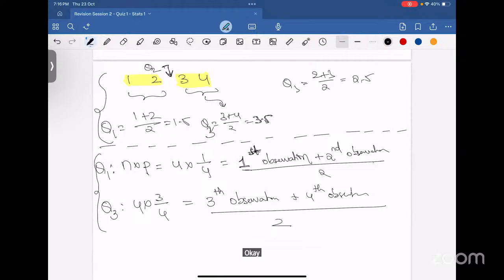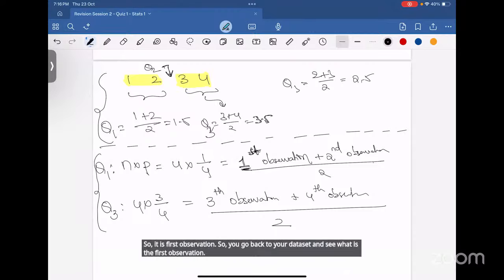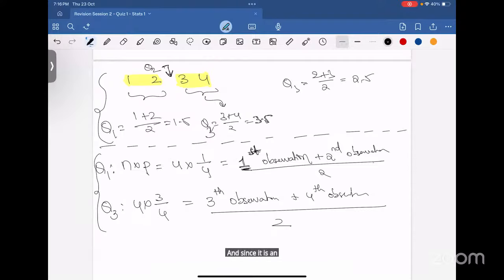So by formula, the value that you compute, NP, if it is an integer, then that integer is the observation, not the value. Here we got 1, so it is the first observation. You go back to your dataset and see what the first observation is, and since it is an integer, you take the mean of the first and second observations.